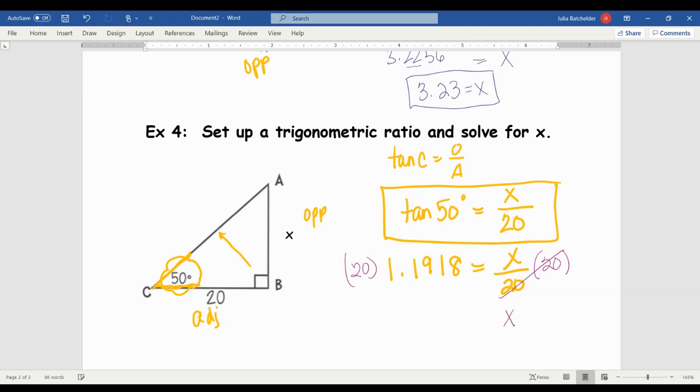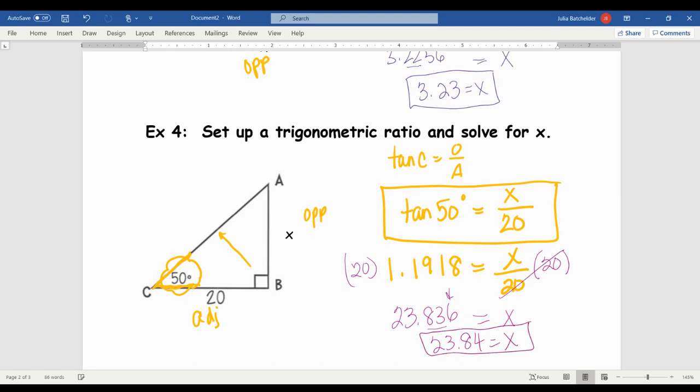These will cancel, and I will get x is equal to 1.1918 times 20, 23.836. And again, if we go 2 decimal places, we look over here and we call that 23.84 is equal to x.